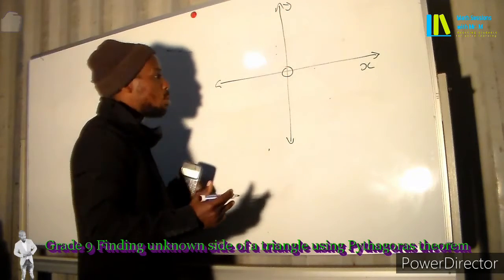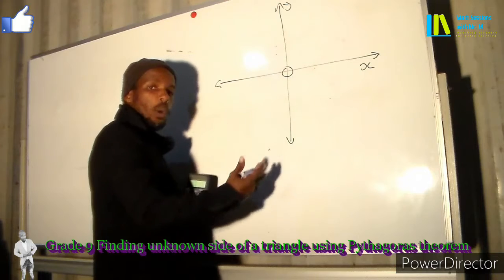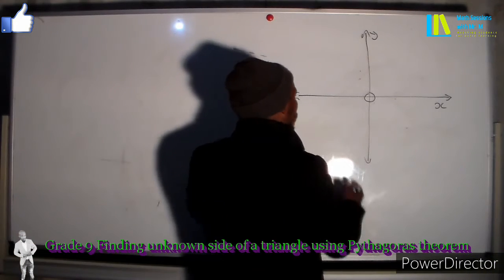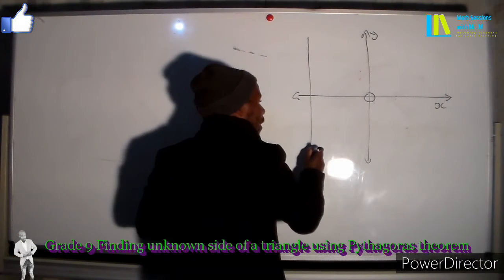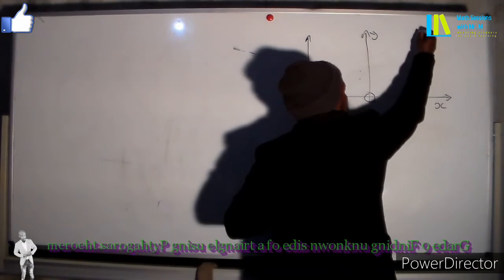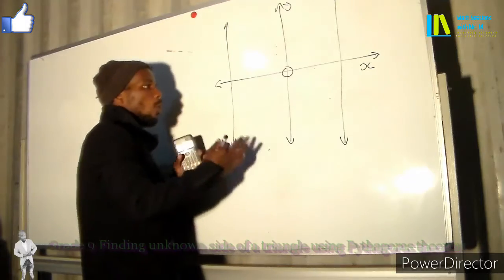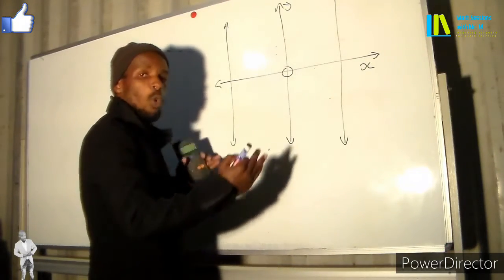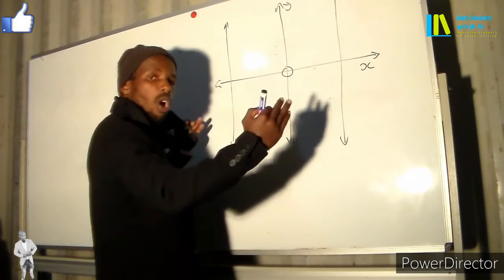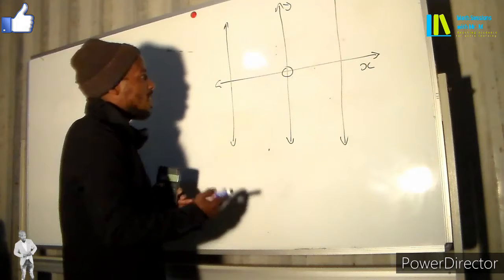First thing that we do, we duplicate the y-axis to the left-hand side, one opposite line, and we duplicate another line on the right-hand side. So we have two y lines on either side of the y-axis, cutting the x-axis.